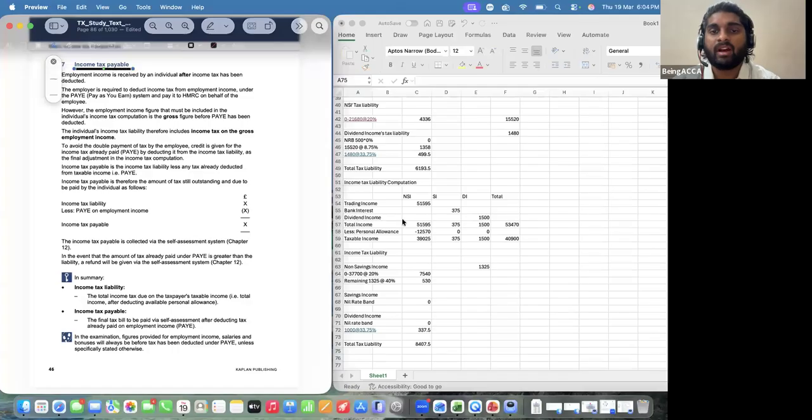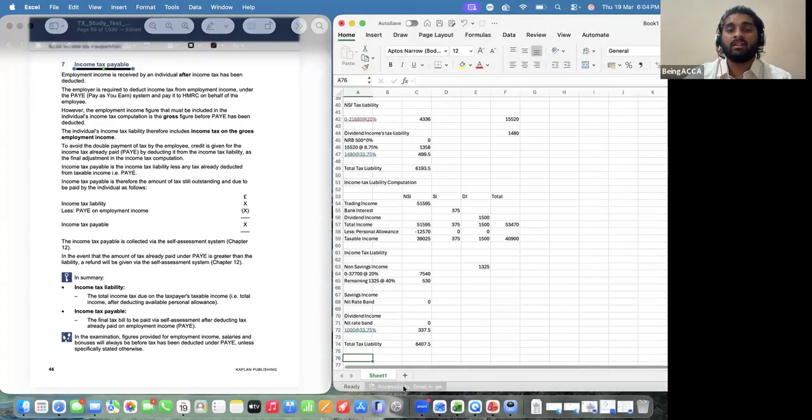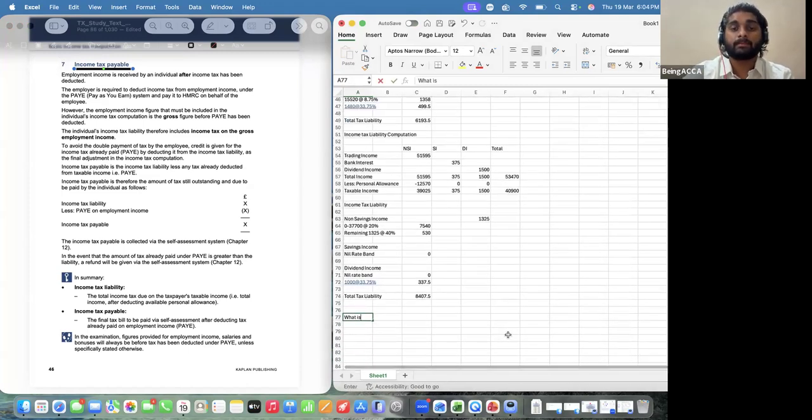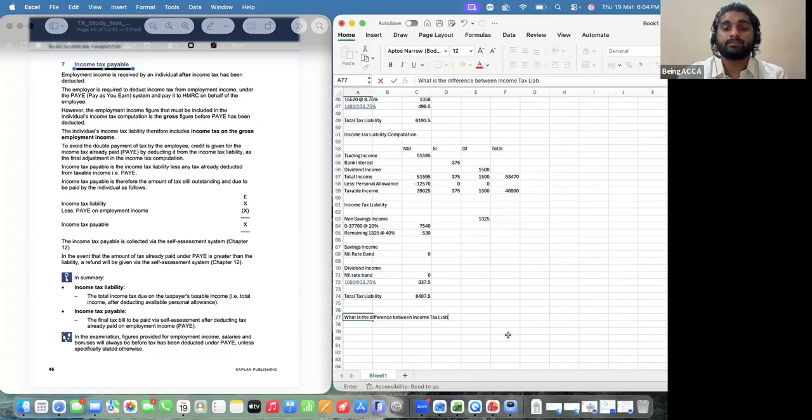Here, so far, what we have calculated is income tax liability. But now we are trying to identify the difference between income tax liability and income tax payable. It is very simple.